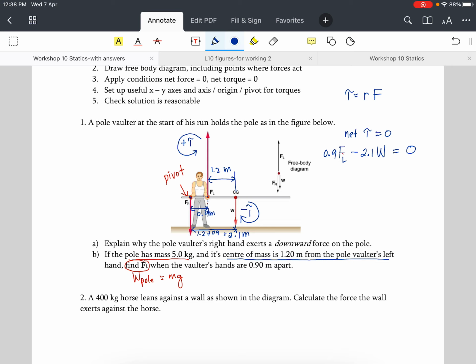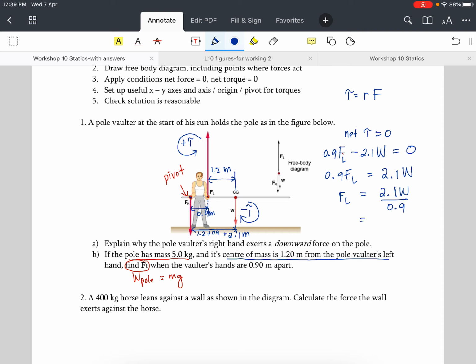We now rearrange this equation to isolate the unknown FL, the force on the left hand. So adding both sides with 2.1 times weight, we have 0.9 FL equals 2.1 W. Now dividing both sides by 0.9 gives us the isolated FL, which is equal to 2.1 W divided by 0.9.